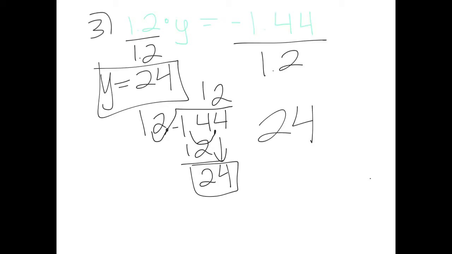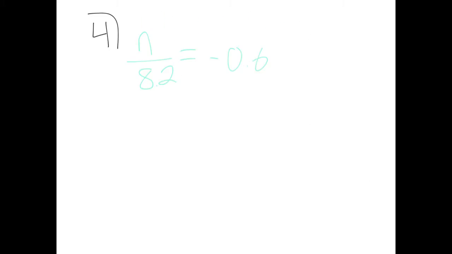And to do this problem, you have to multiply. So you have to multiply 8.2. So what we're going to do is multiply 8.2 right here, because these cancel each other out.